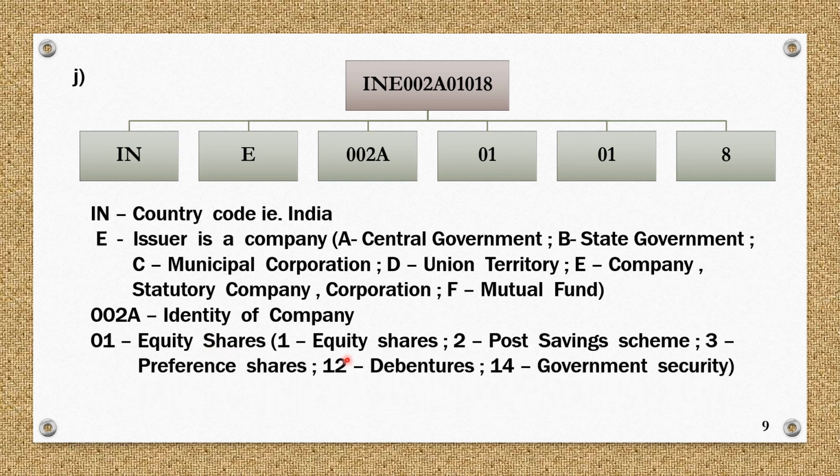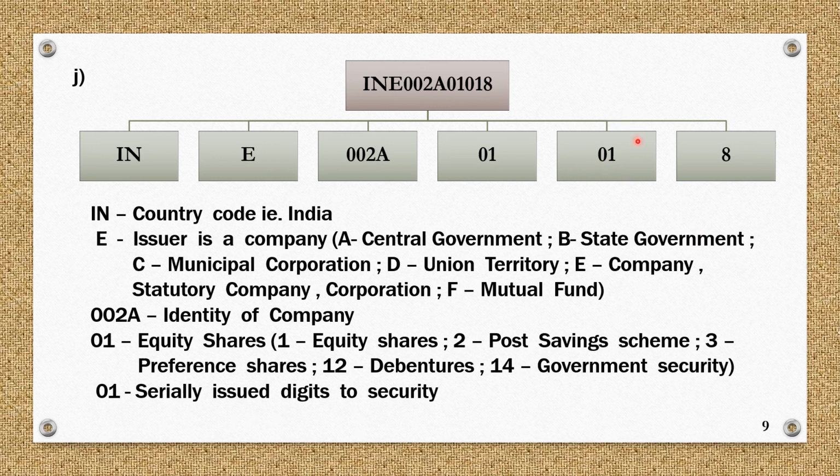Now suppose instead of 1 over here it is 2, then it indicates post saving scheme. If it is 3, then it indicates that the company has issued preference shares. If the number is 12, then it indicates debentures. And if it is 14, it indicates that government securities have been issued.